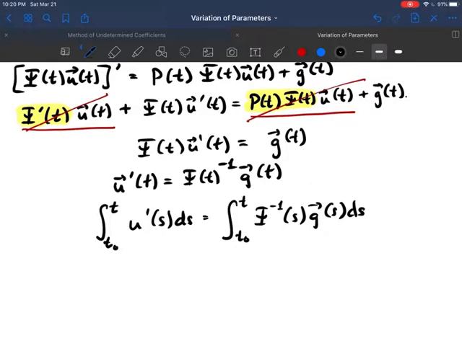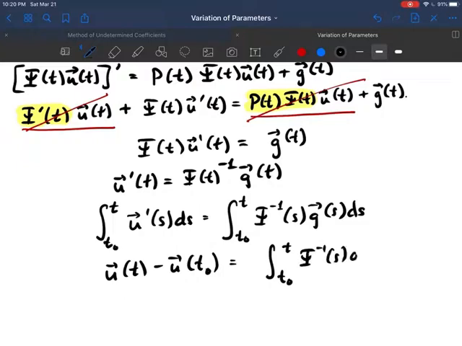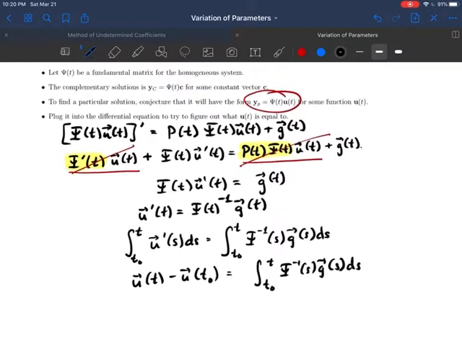Now on the left-hand side, we have the integral of the derivative of something. So that will just be u of t minus u of t0. And on the other side, well, we can't do anything with this. We have no idea what the integrand here is. So we're just going to have to leave that as a formula: the integral from t0 to t of c inverse of s, g of s, ds. All right, so that's where we've gotten to.